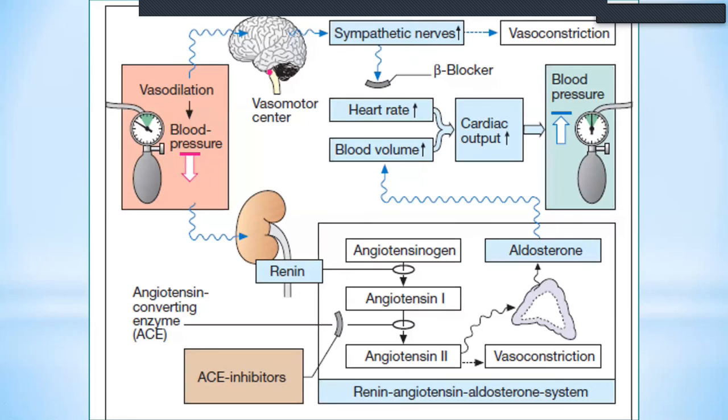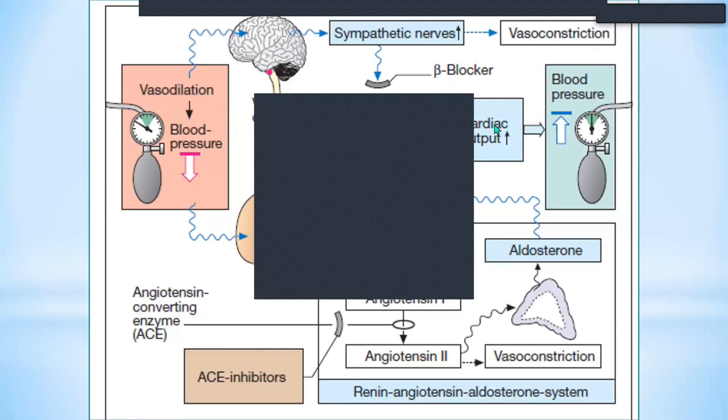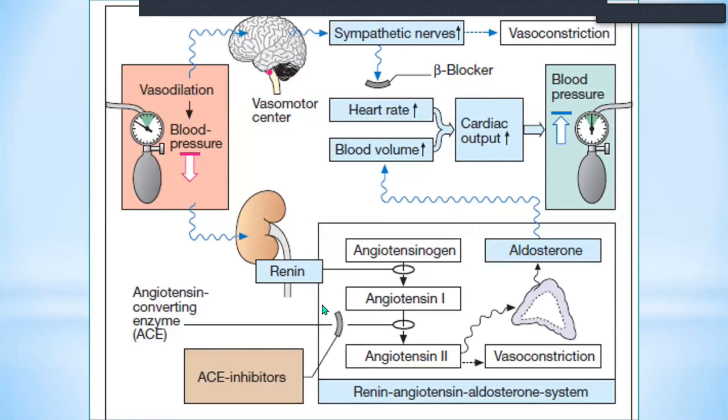That means all the activity of this renin-angiotensin-aldosterone system is going to increase the blood pressure. Whereas any drug acting on ACE, or on the conversion of angiotensin 1 to 2, or any step which inhibits these steps, is going to act as a very good anti-hypertensive drug. So these are some of the most popular anti-hypertensive drugs.